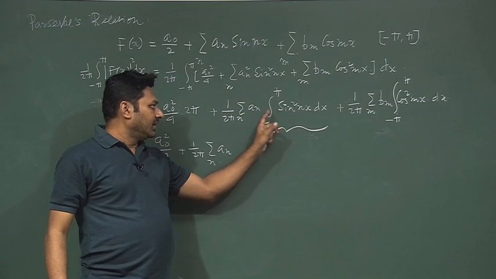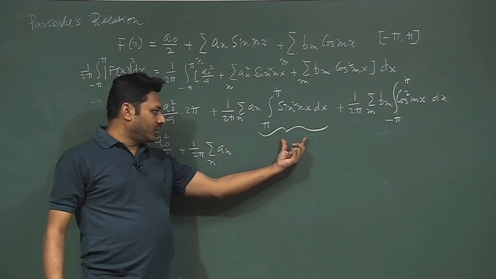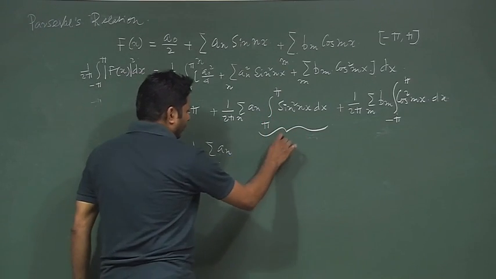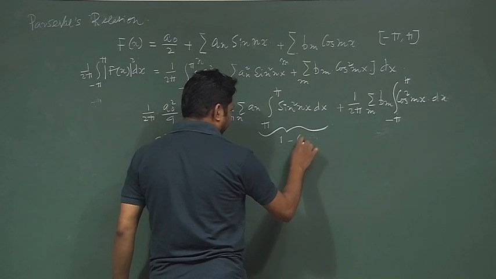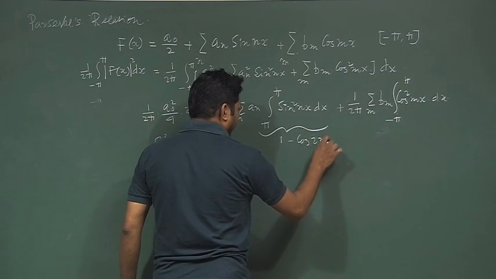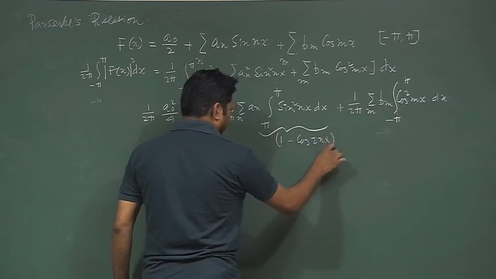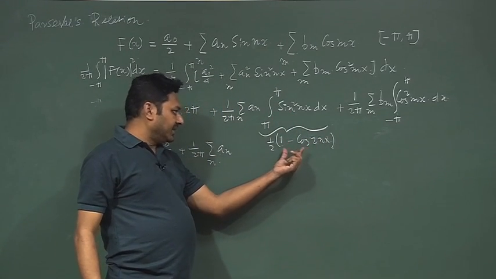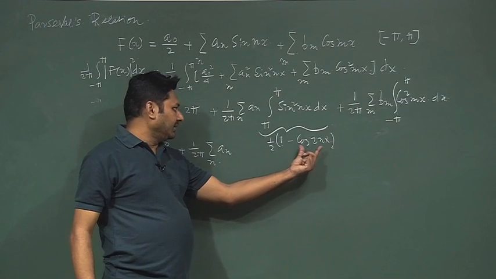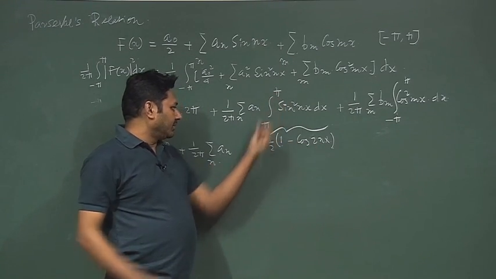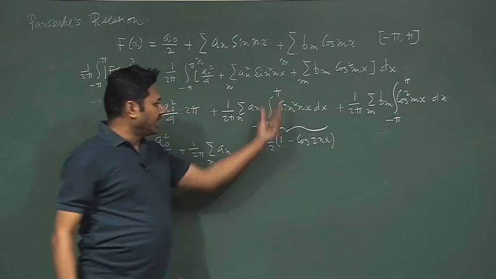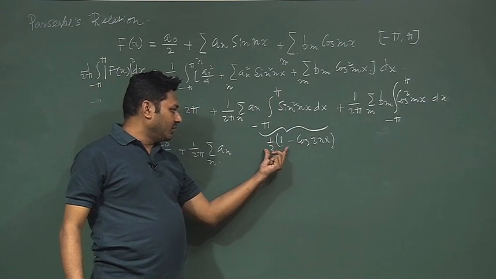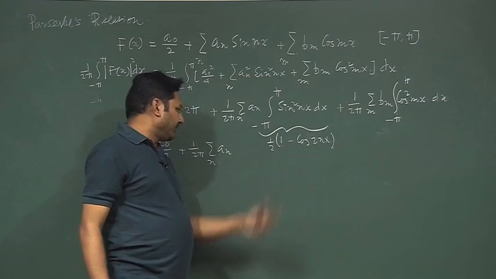Take a half of that: sine square can be written as 1 minus cos 2nx, with a half. I replace this function here, and when you integrate, this cos will become sine. When the limits minus pi to pi are applied, this term is going to vanish, and only this term remains, with the half.